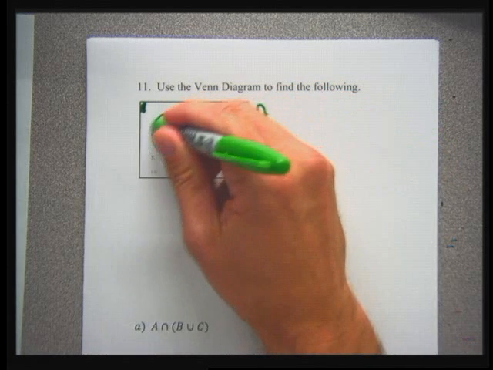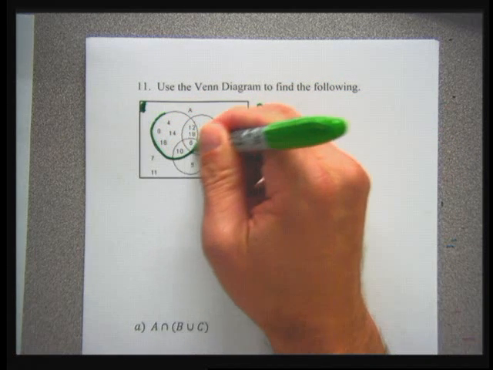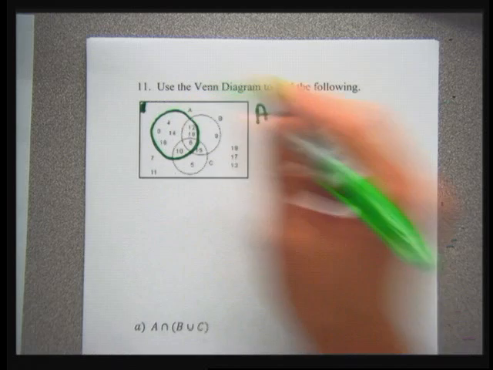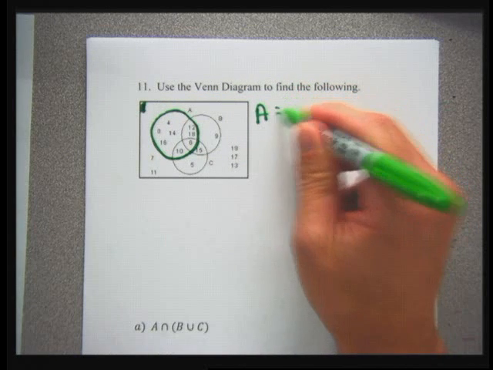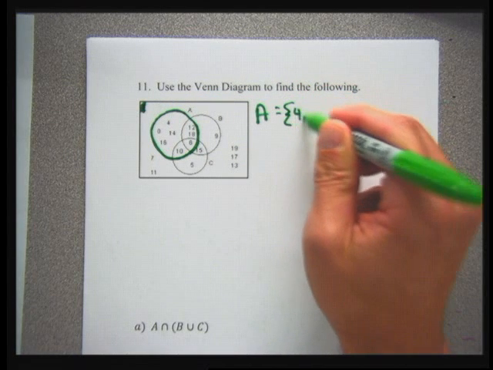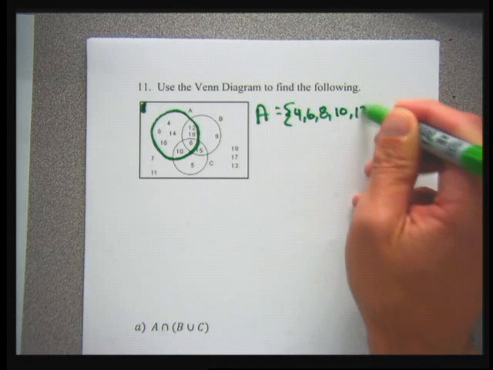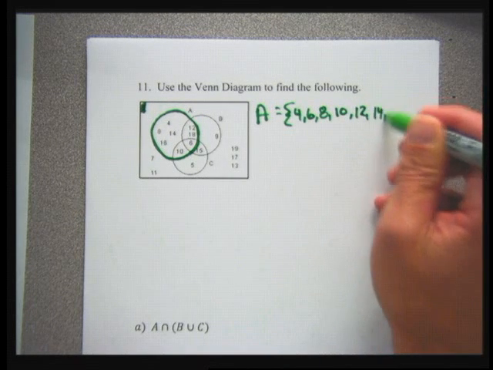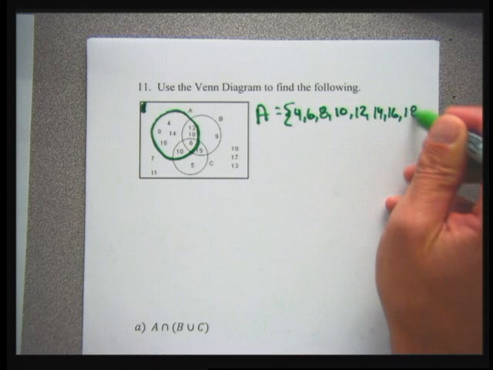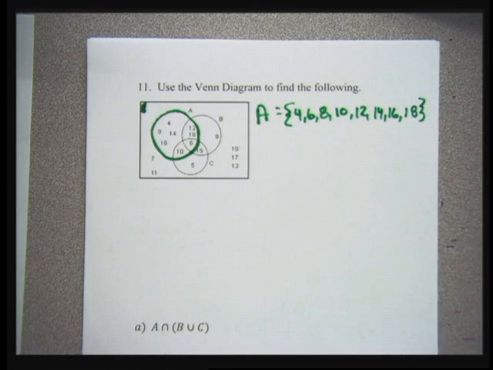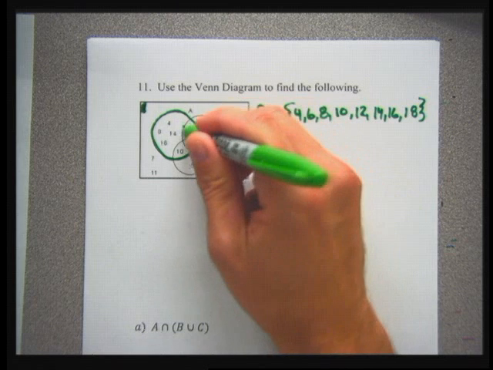A is anything in the A circle. The A circle contains the even numbers between 4 and 18. A is 4, 6, 8, 10, 12, 14, 16, and 18. B is anything inside the B circle.